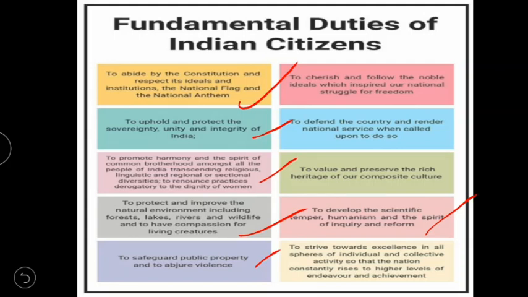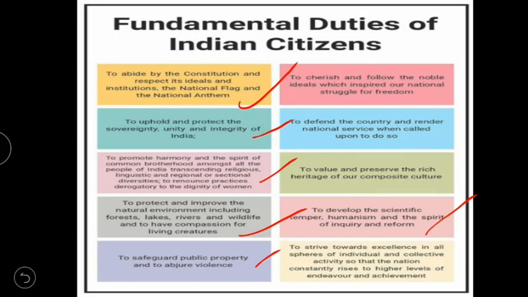And the last duty is to strive towards excellence in all spheres of individual and collective activity so that the nation constantly rises to higher levels of endeavor and achievement. So we must work hard to strive for excellence in all spheres of individual and collective activity.